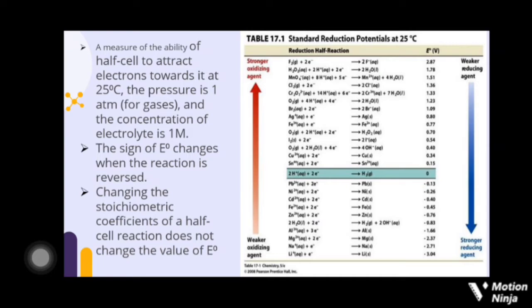E naught cell is equal to E naught cathode minus E naught anode. So our cathode is the silver, which is positive 0.80 volts, minus the anode, which is the cobalt with negative 0.28 volts.